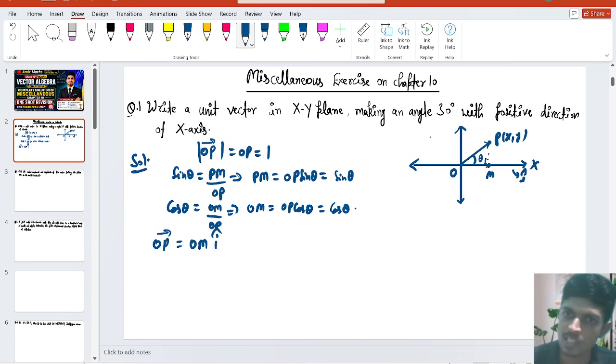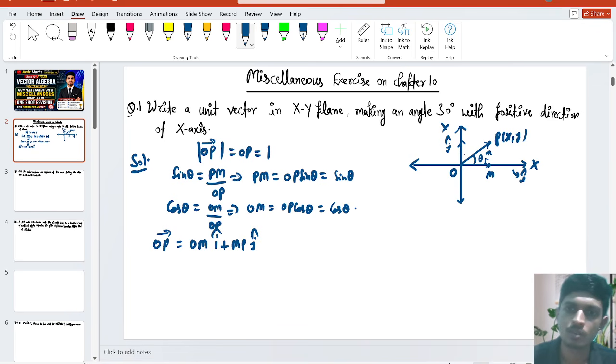This is PM, in the positive y direction, and its parallel unit vector is j cap. So vector OP is OM plus MP j cap.